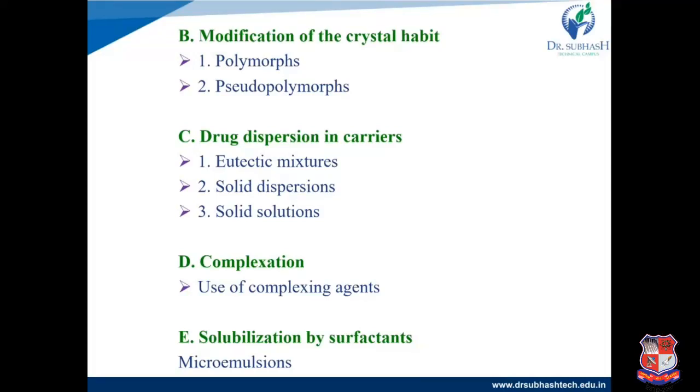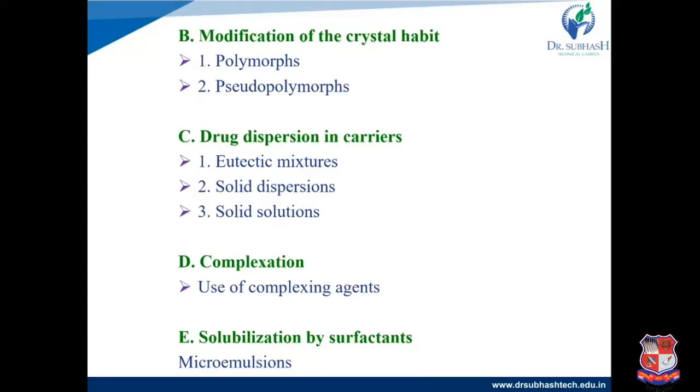Next, the drug dispersion in carrier. In that, three parts are there: eutectic mixture, solid dispersion, and solid solution. One by one we have to see what eutectic mixtures are and how they can improve the solubility.